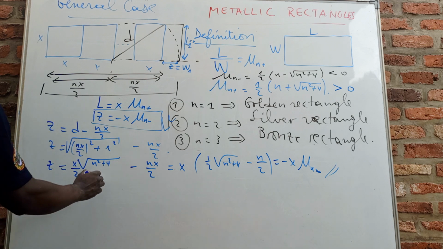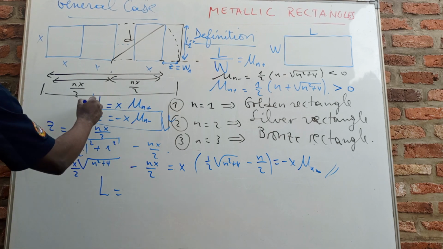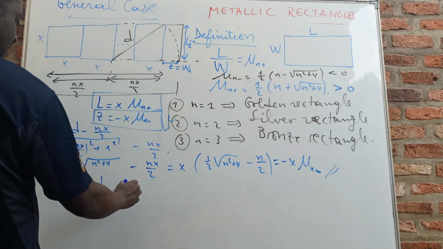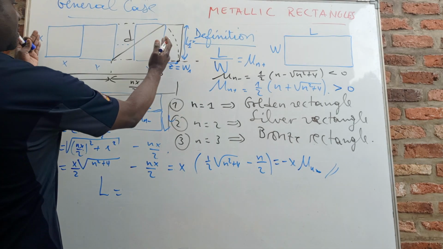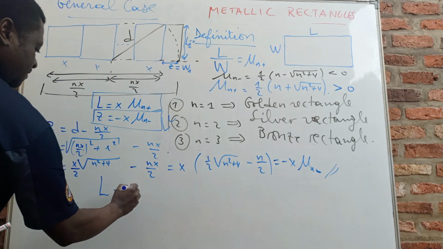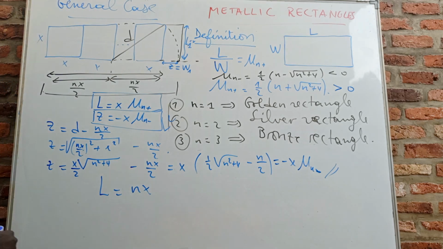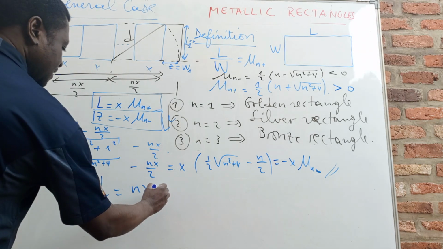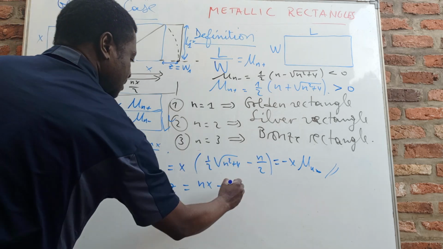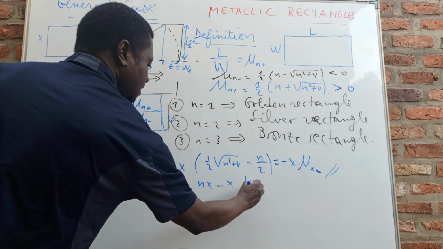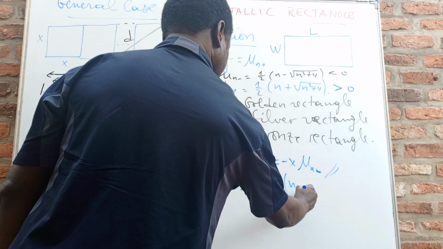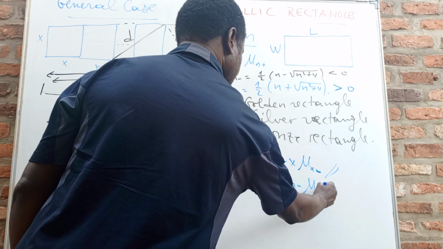Now let us also prove the length identity. We take all these squares, n times x, and add z. So that is nx minus x mu n negative, which is x times (n minus mu n negative).